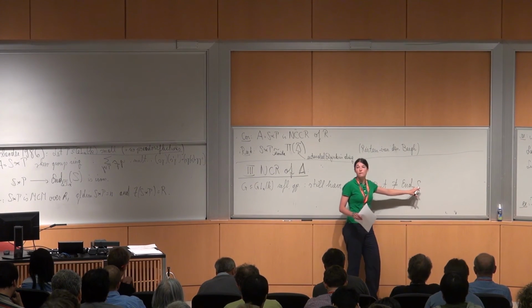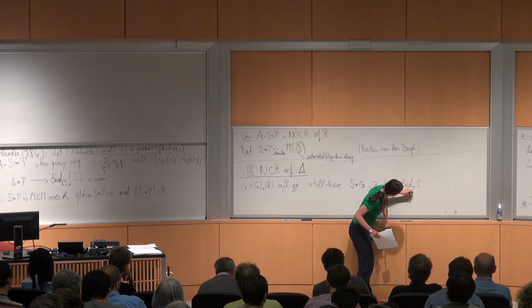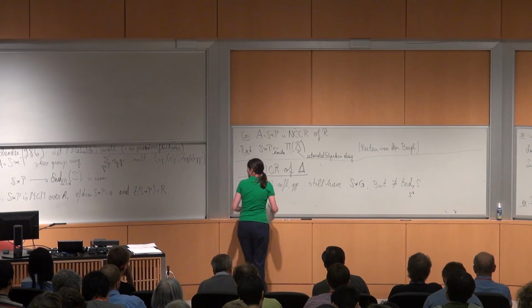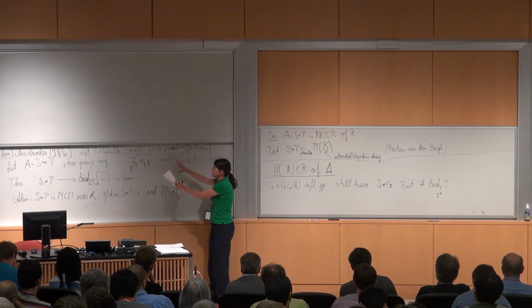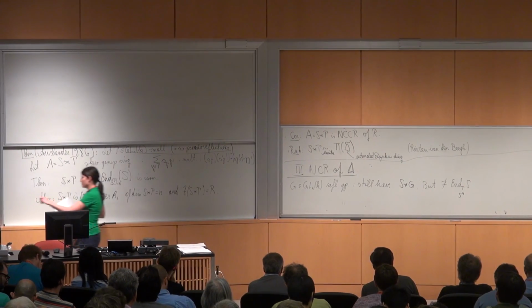So remember, T was always the invariant ring, so this is S to the reflection group. So somehow this Auslander result cannot really hold, but it kind of does.